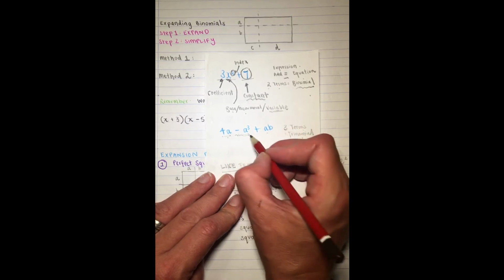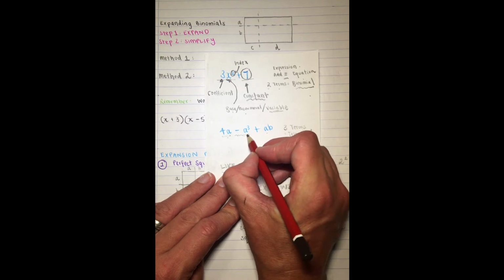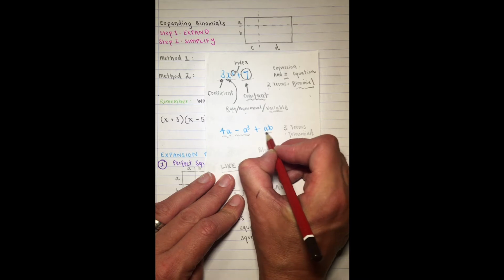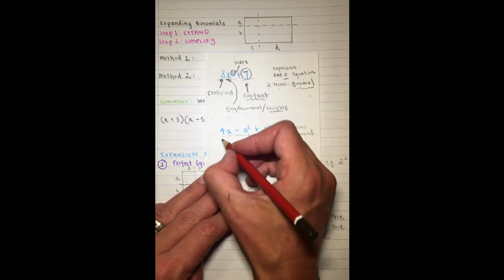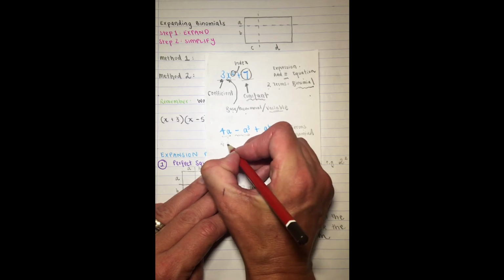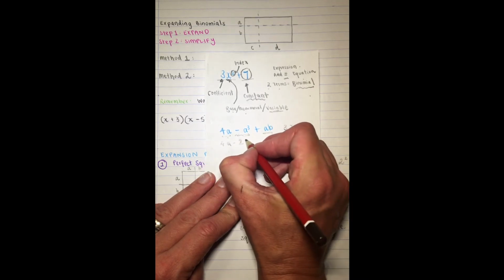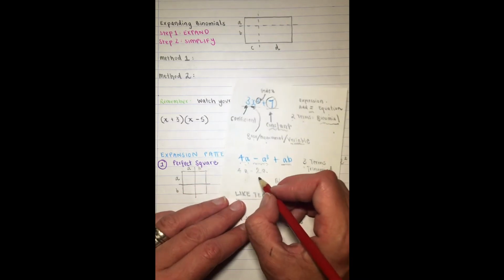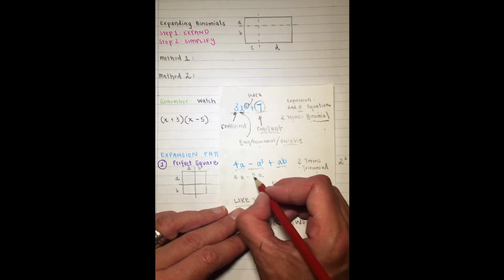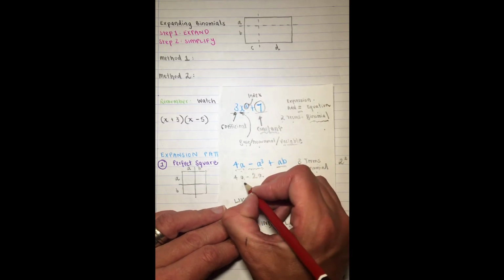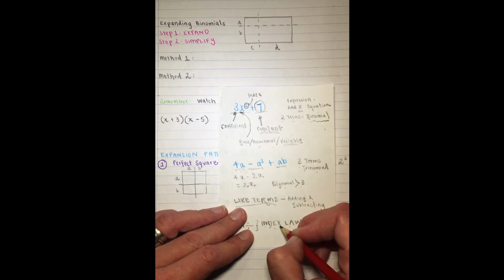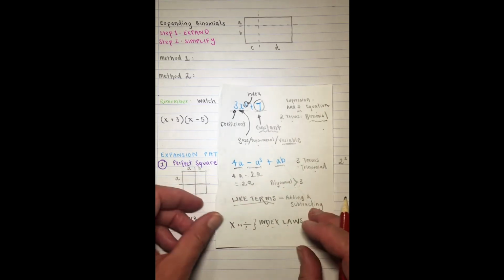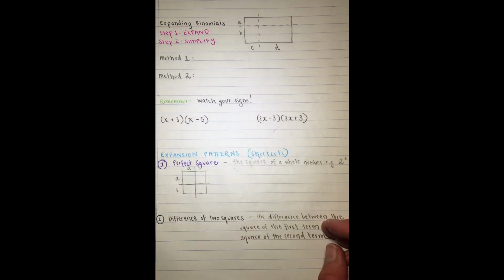A is not a like term with a cubed, which is not a like term with a times b. But if we had something like 4a minus 2a, absolutely I can do this. 4 pencils, take away 2 pencils, I get 2a.